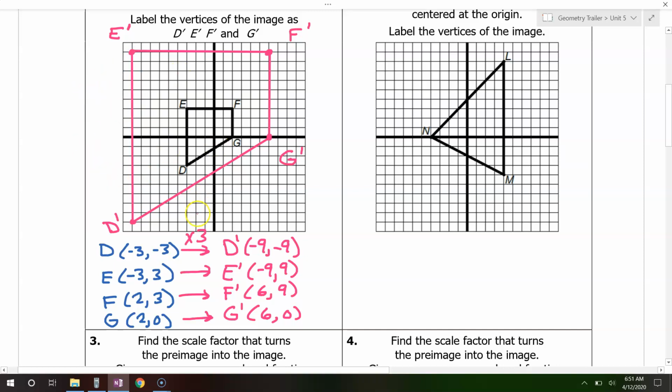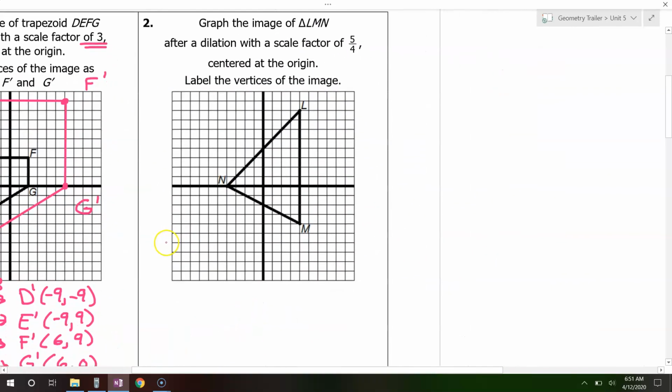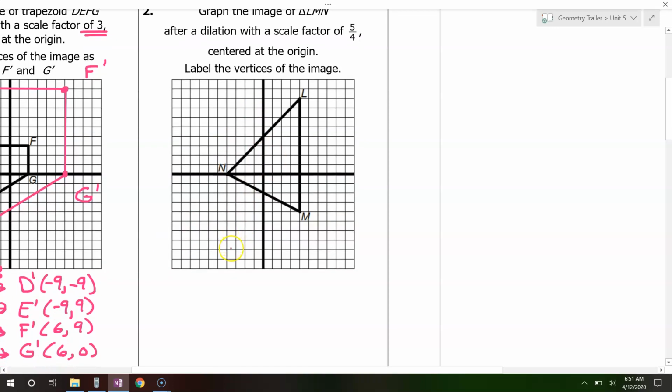All right, so that is how you do a dilation from the origin. Let's practice that again with problem number 2.